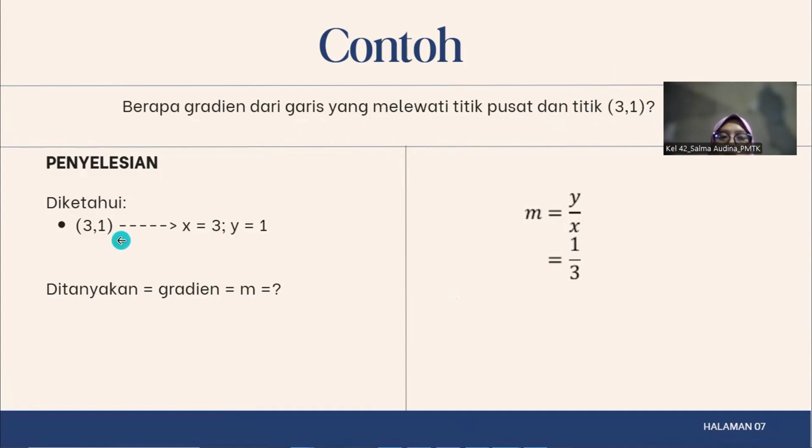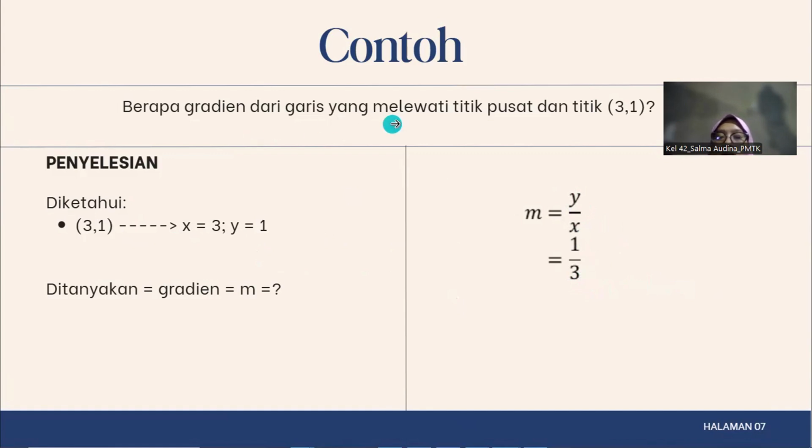So, the value of x is 3 and the value of y is 1. Now, we can substitute these values into the formula. m equal to y divided by x. y is 1, so we write here 1 divided by x, which is 3, so we write here 3.